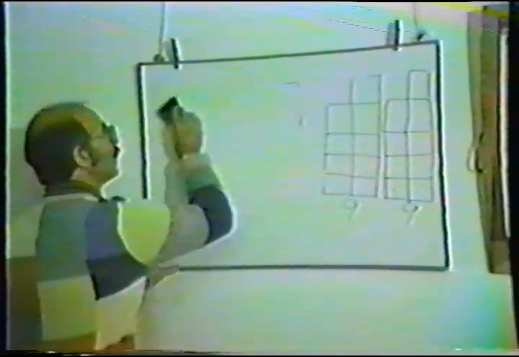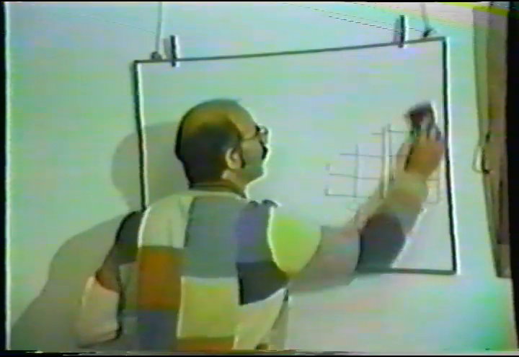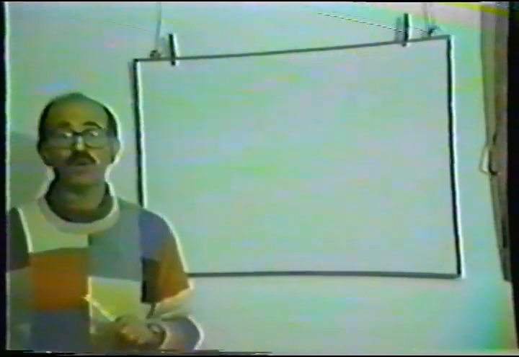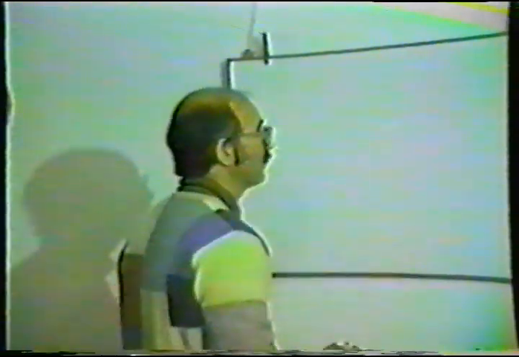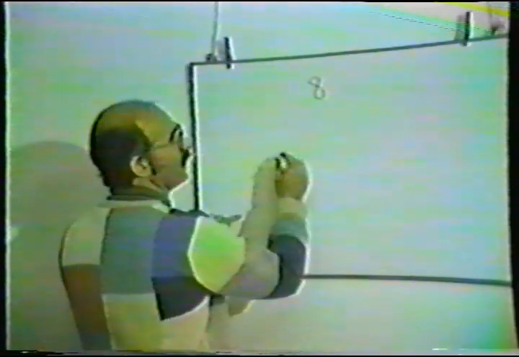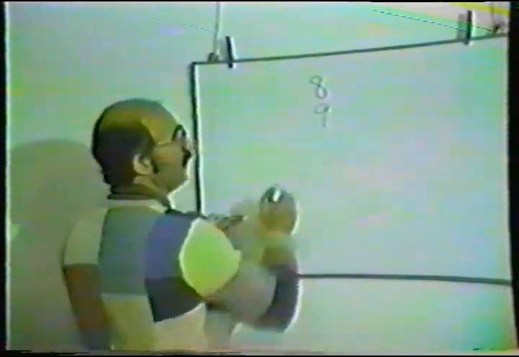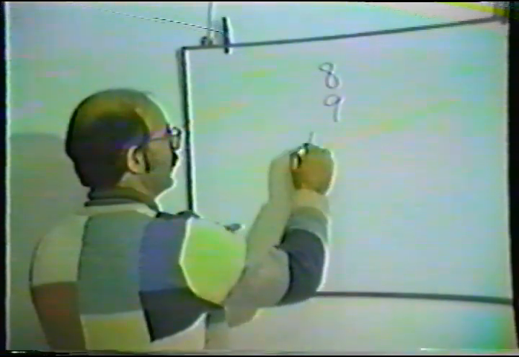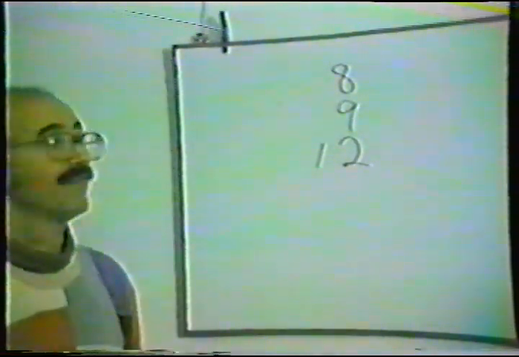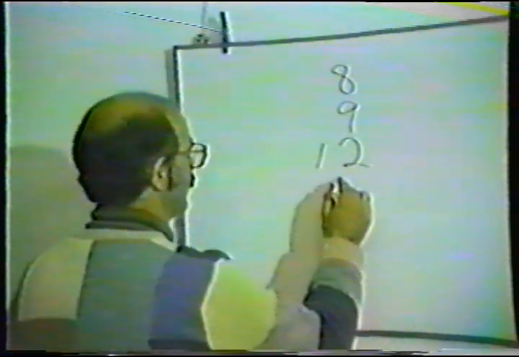When you do a problem involving averages, you always find the total and then divide by the number of things that you added. Well, we have 8 on Monday, 9 on Tuesday, 12 on Wednesday, and 7 on Thursday.